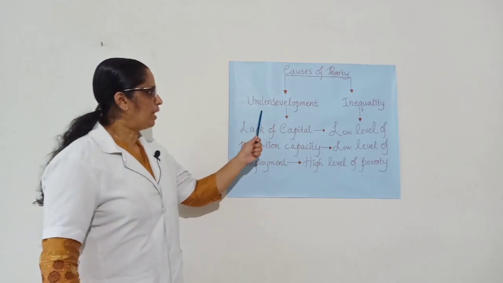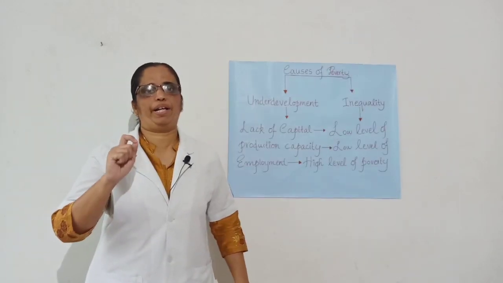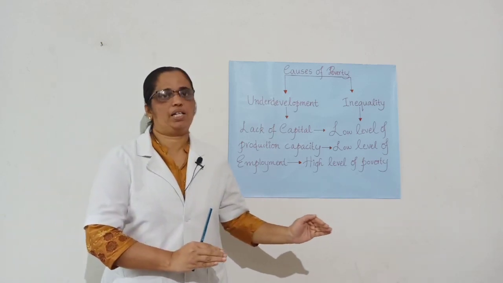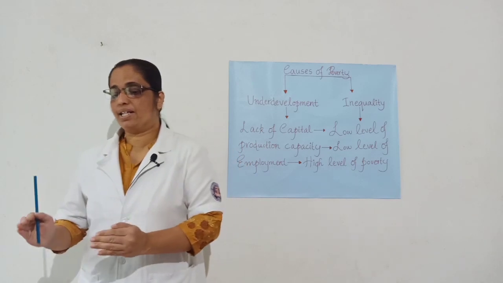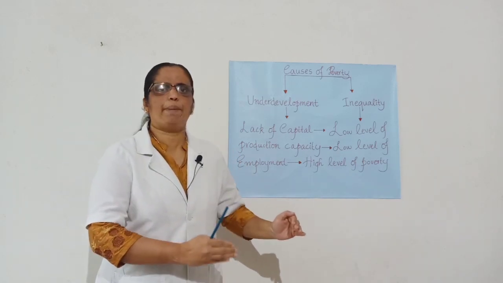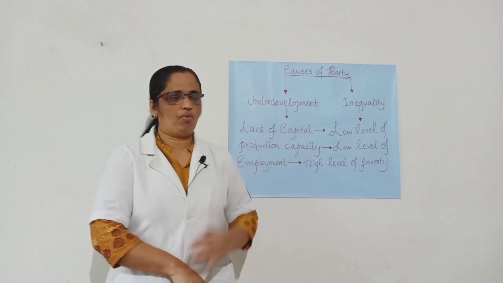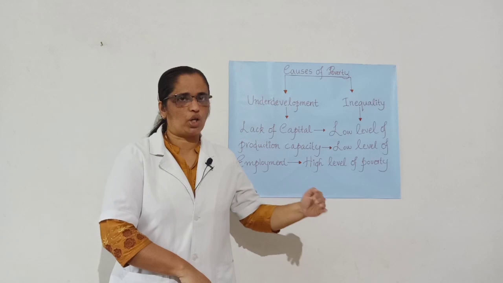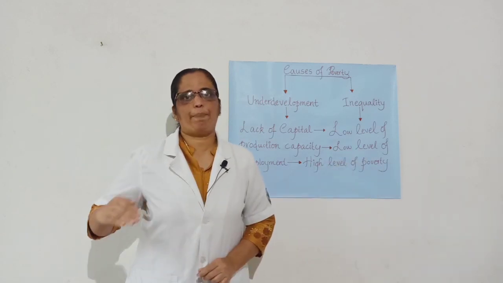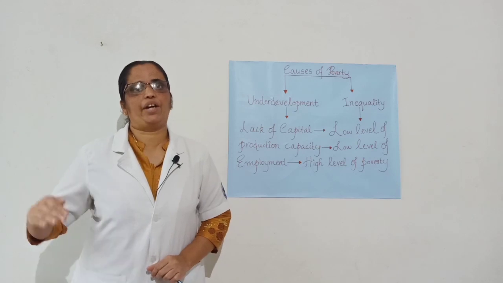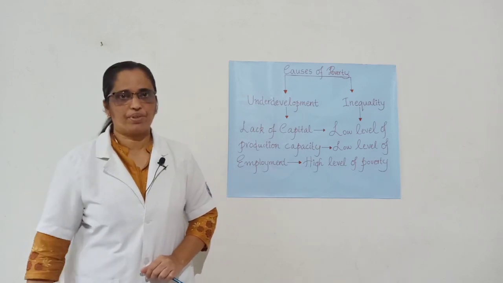The basic feature of an underdeveloped economy is that laborers are surplus and capital is scarce. Underdeveloped economies are labor surplus economies. Why are laborers surplus? Because of the high rate of growth of population. Capital is scarce or limited, characterized by deficiency of capital.